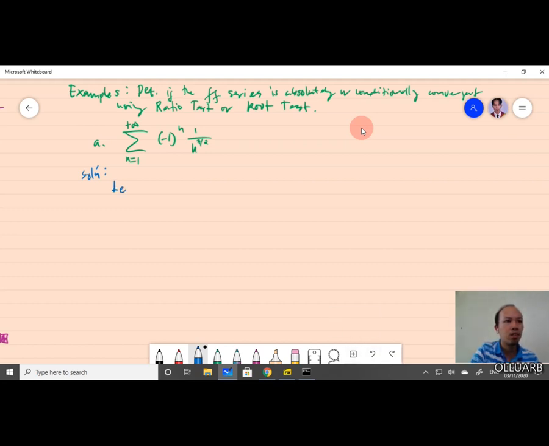Let a sub n be equal to negative 1 to the n times 1 over n to the 3 halves.